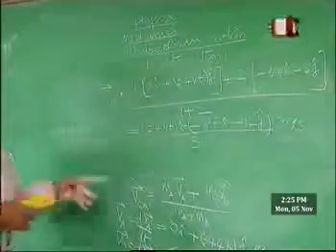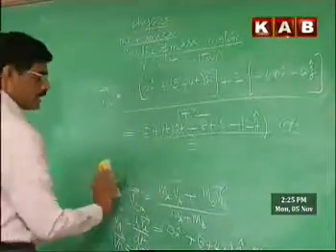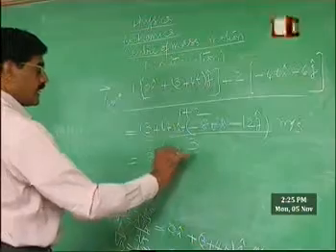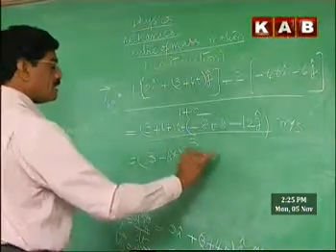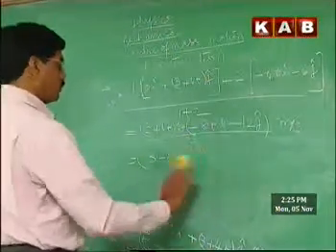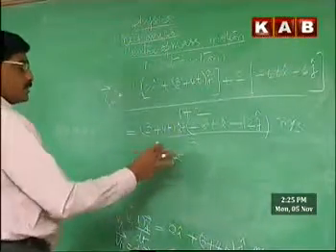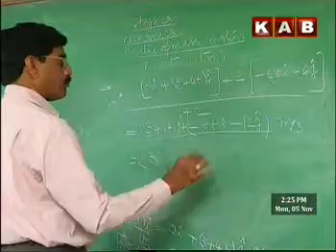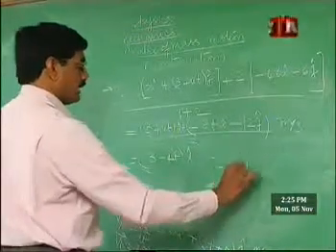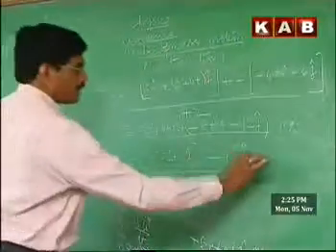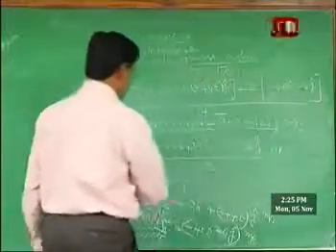We can further simplify this to (minus 8t i plus (3 minus 12... ) j) divided by 3. So this is the velocity of center of mass.